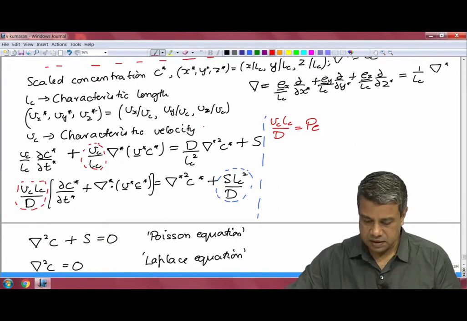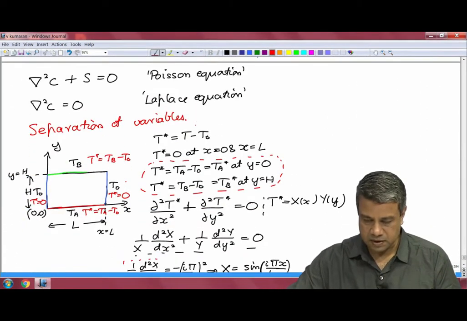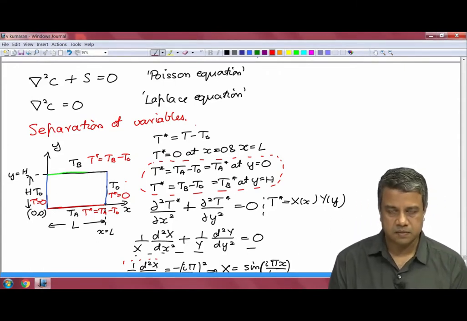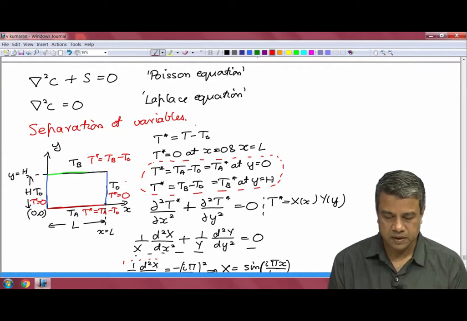In that case, the equation reduces to a Poisson equation, the Laplacian of the concentration or temperature plus a source is equal to 0, or the Laplace equation if there is no source.